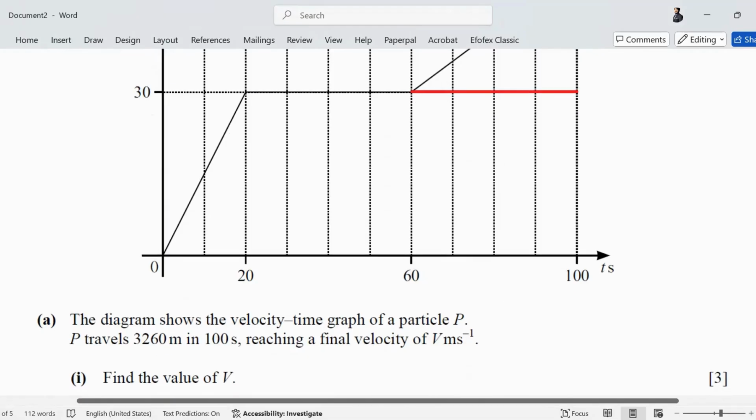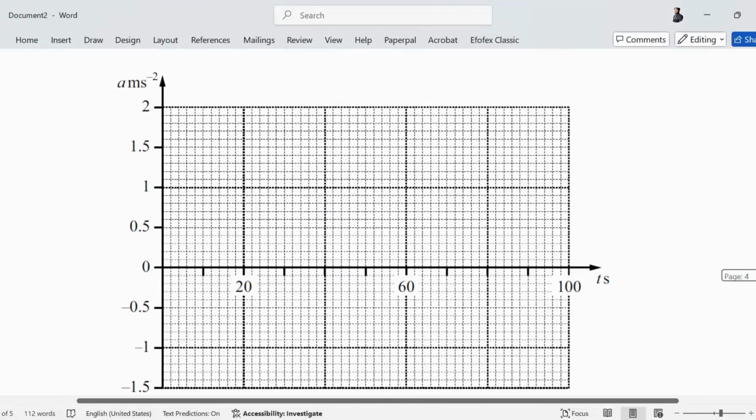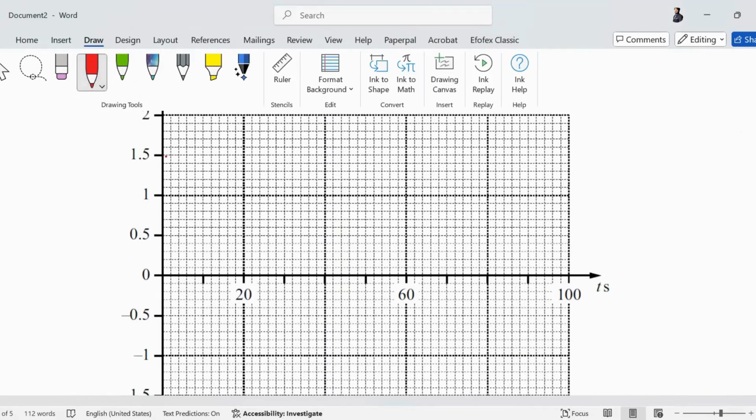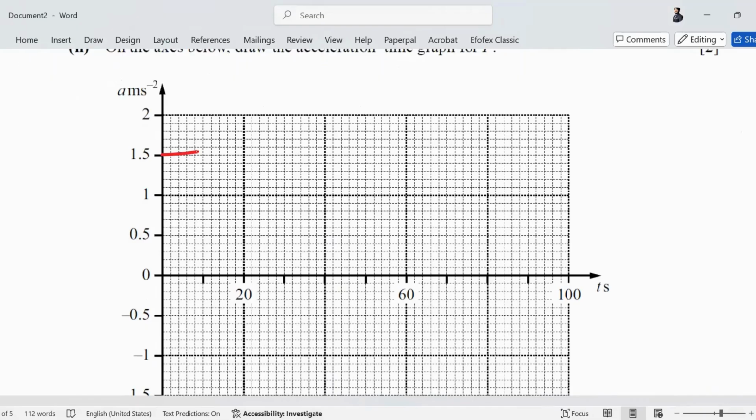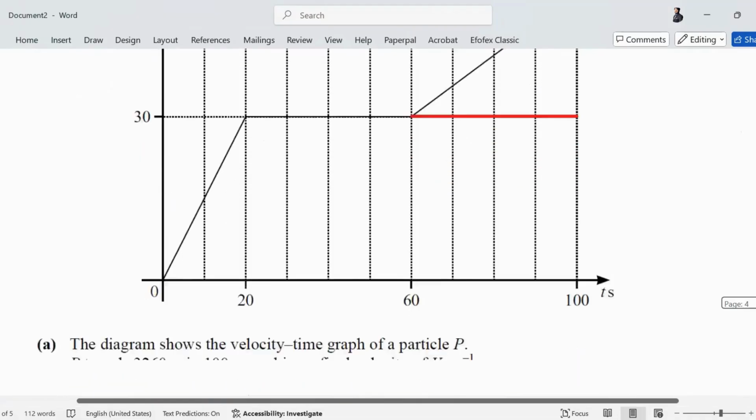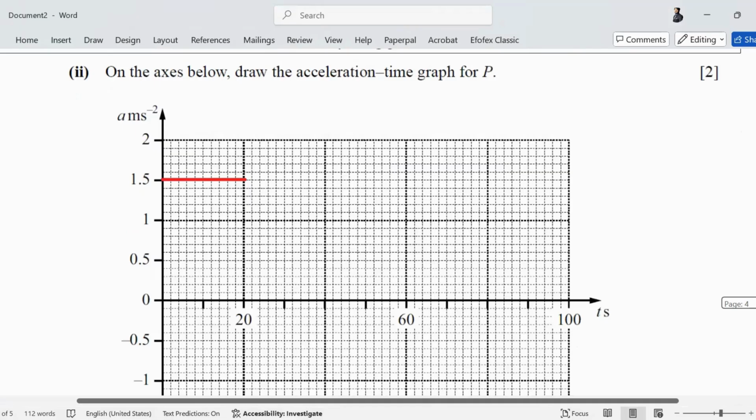For the first 20 seconds, the gradient is positive 1.5, constant. Then for the next 40 seconds till 60, the gradient is 0.